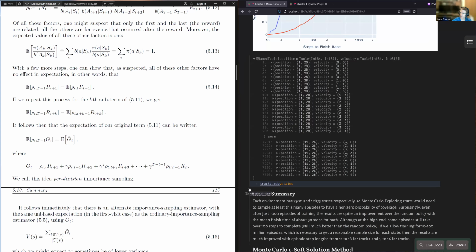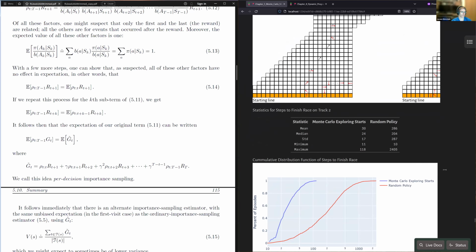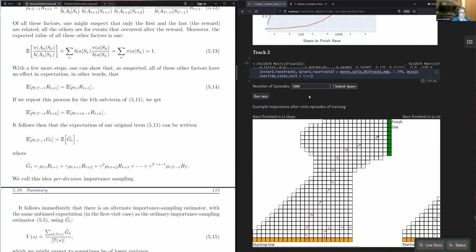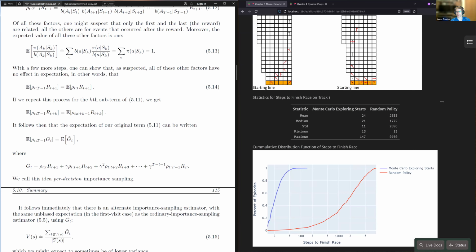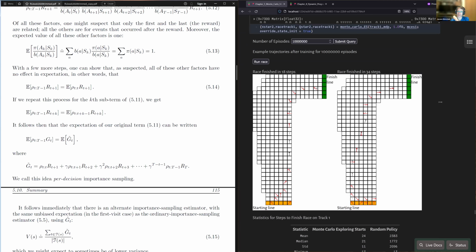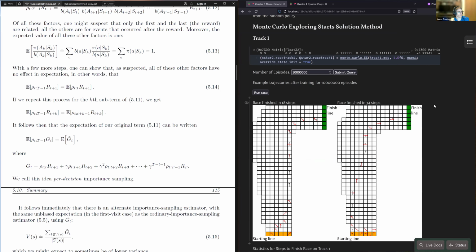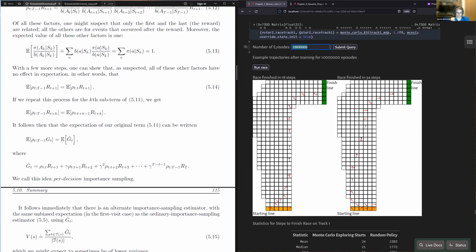And there's 9 actions. Is that right? So there's actually a lot of state action pairs, far more than 1,000. So even after just 1,000 episodes, the exploring starts method actually works pretty well, which I was surprised by, because I would think you would need a large number of samples for every state action pair, but it turns out it works even with just 1,000 episodes like this.